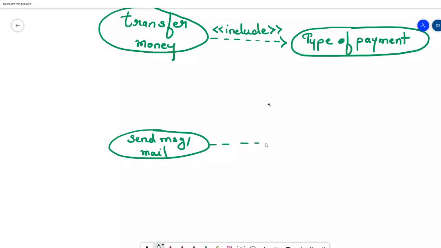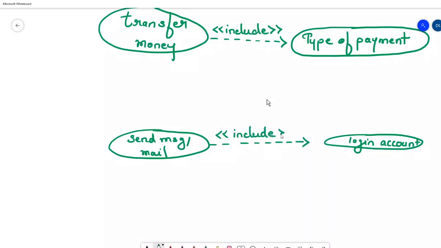So we can say login for account or system, because without login we cannot send emails or messages.